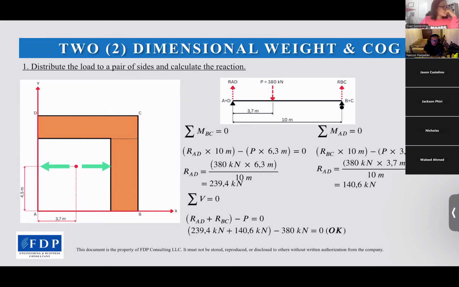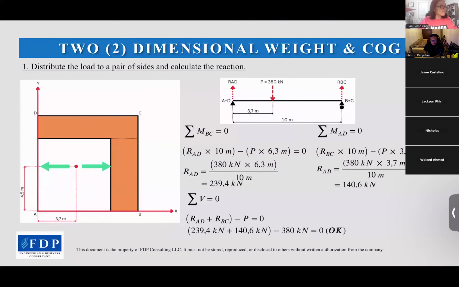After this, tomorrow we will continue with the three-dimensional object. I just want to make sure that this two-dimensional has been clear, that you've got an understanding, because for the three-dimensional calculation we will use the same formula.